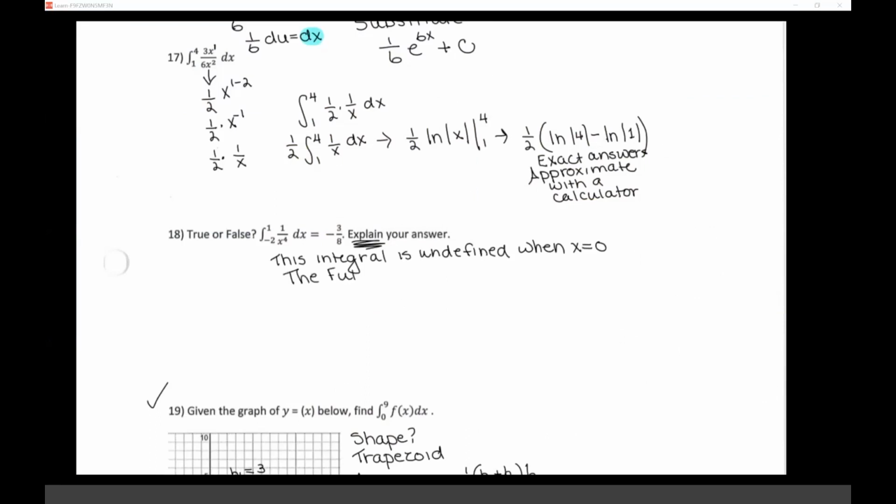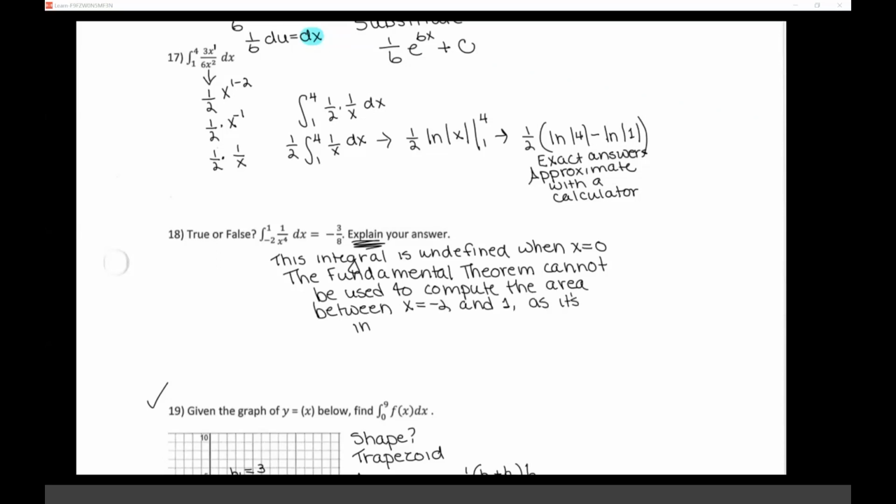The fundamental theorem can't be used to find the area. So the answer here is false.